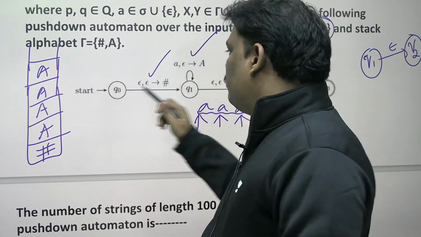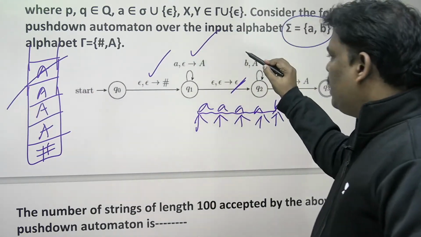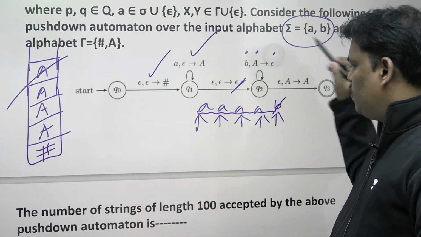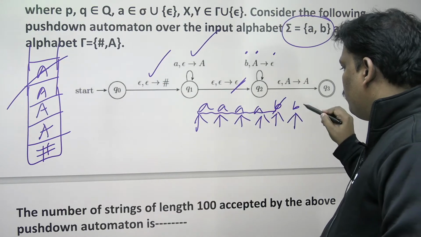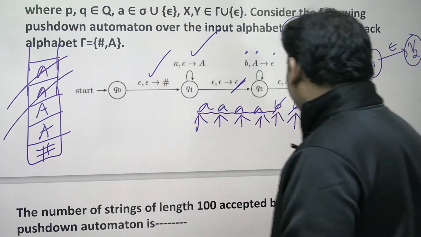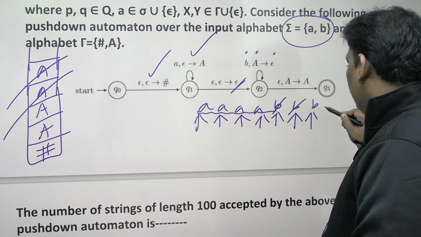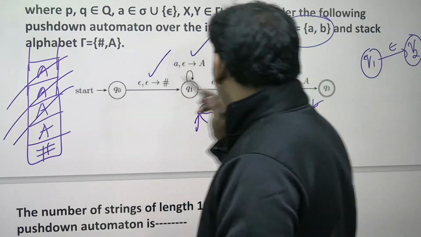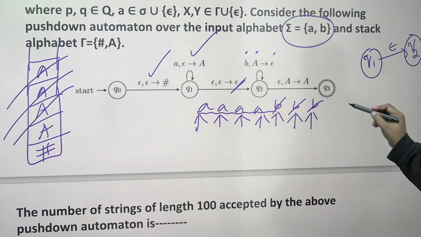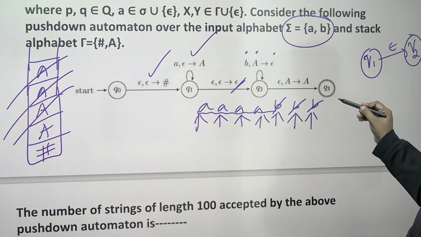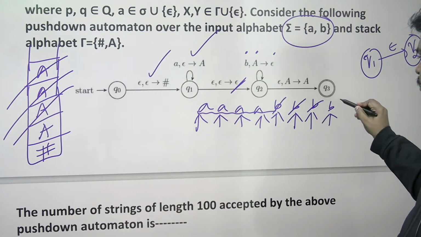For every B, pop A. It keeps on continuing like that.